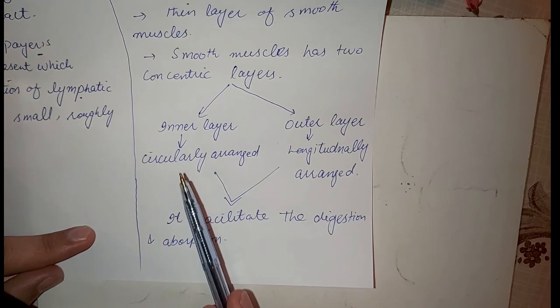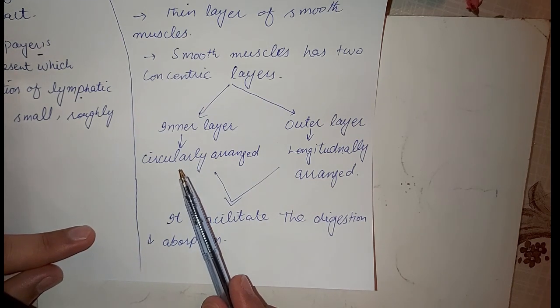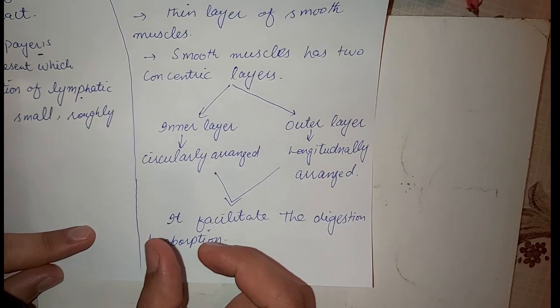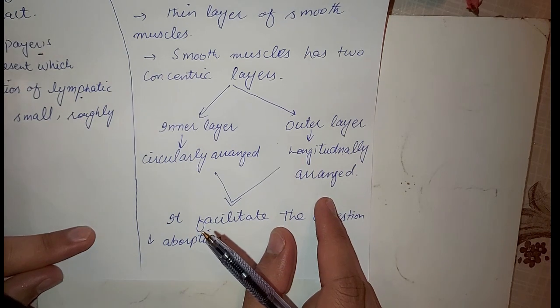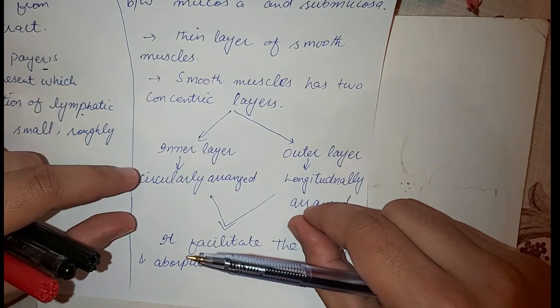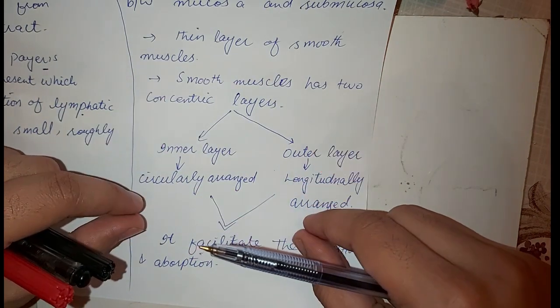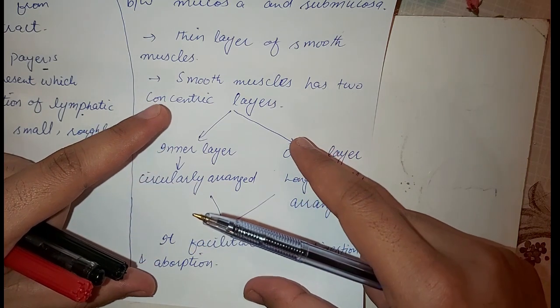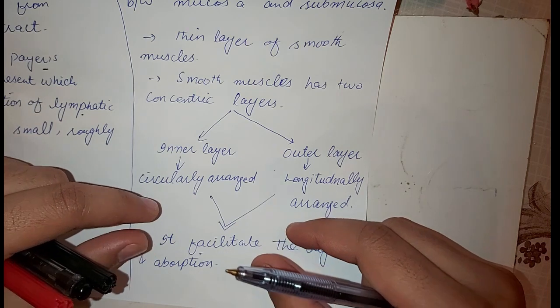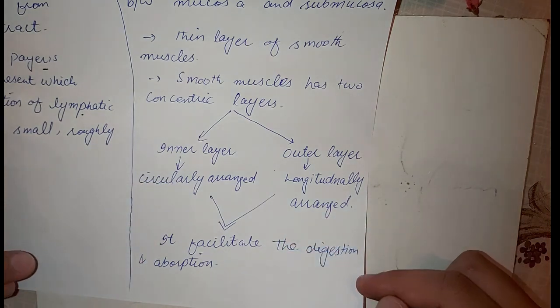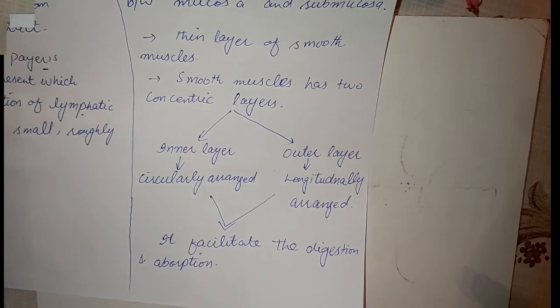How does it work? The circular layer constricts the food material circularly, and the longitudinal layer constricts the digestive tract longitudinally. In this way, food is digested and easily absorbed.